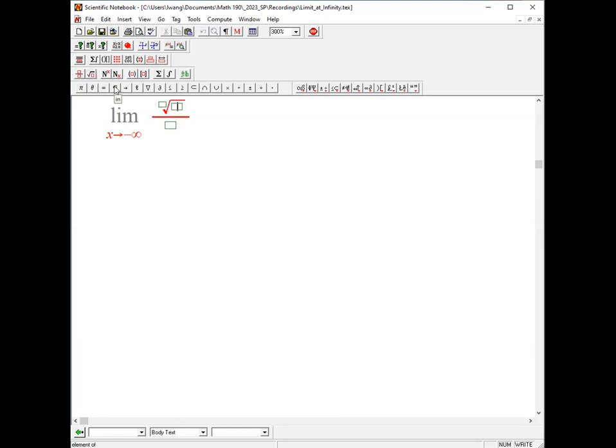Okay, so this is the root of 1 plus 4x raised to the power 6, and now we have 2 minus x raised to the power 3. But interestingly here, x is approaching negative infinity. So the setting is going to be from negative infinity.